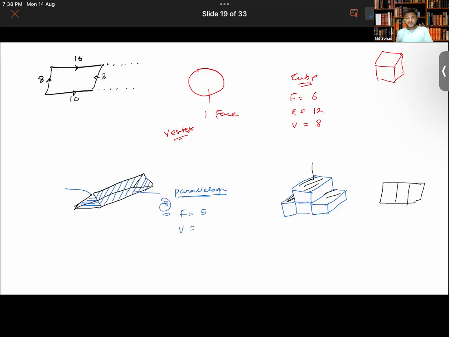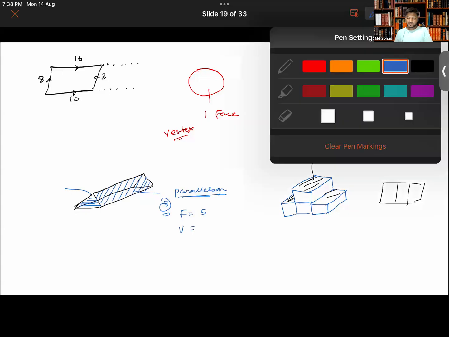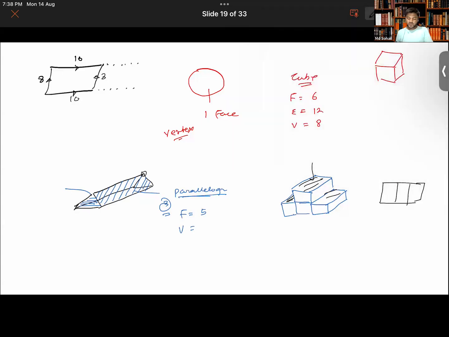Talking about the vertex, how many vertex are going to be there? 1, 2, 3. 3 or 6. Exactly, 6. Right. And what about the edges? How many edges are there in a prism, guys? Say 6. There are 6? 6, no?